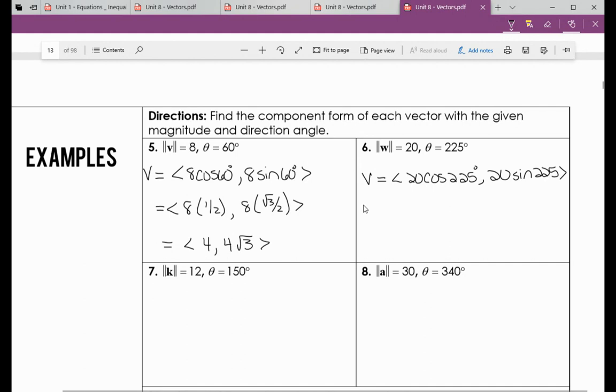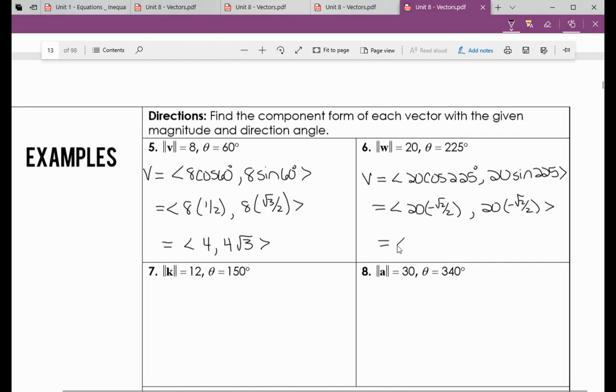Now, we have to go to our unit circle, and we're going to replace sine at 225 and cosine at 225 with their values. Those are both negative square roots of 2 over 2.